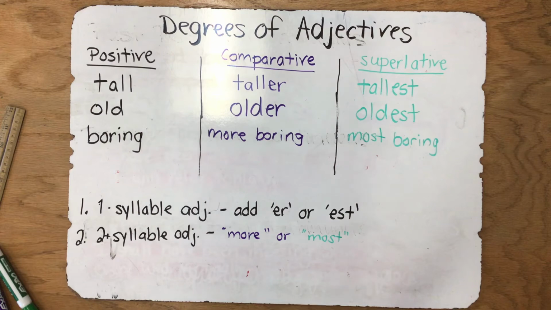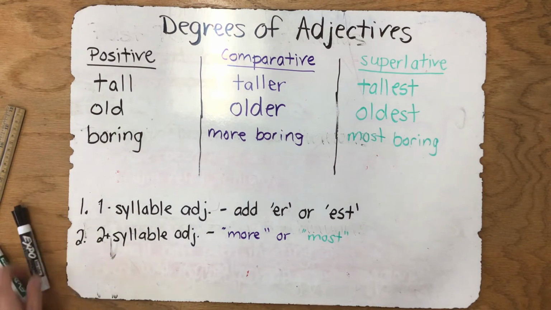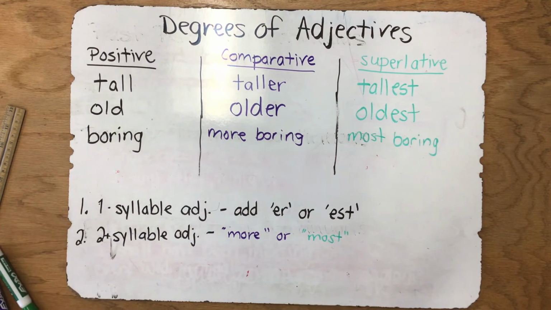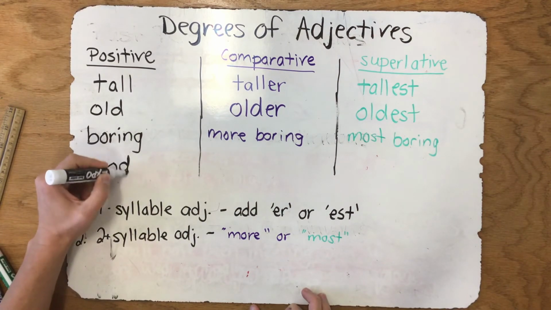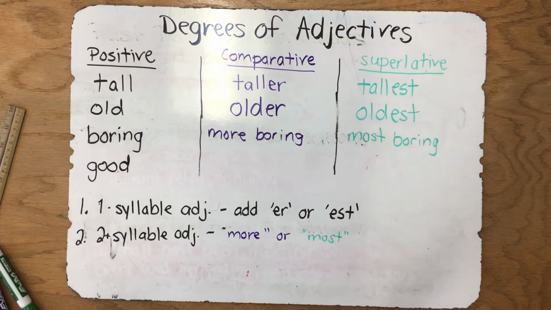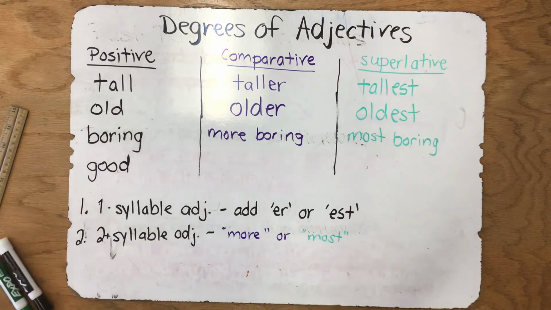Now, there are a couple of irregular forms, like if we said good. A comparative, we wouldn't say gooder, even though it's a 1 syllable. We also wouldn't say more good, like this cookie is more good than the chocolate bar. No, when we're comparing 2 things and using the word good, we would use the word better.